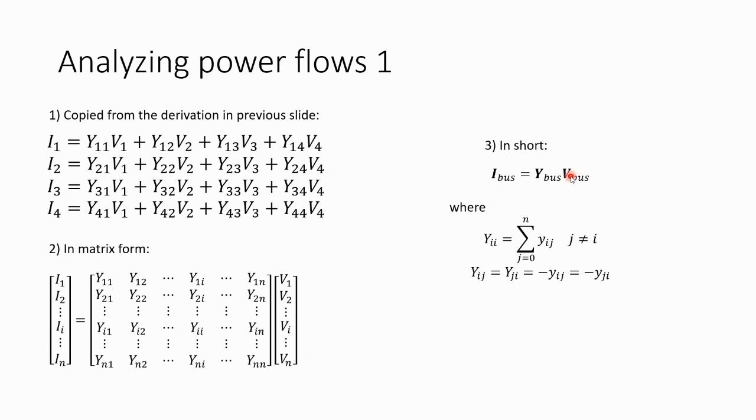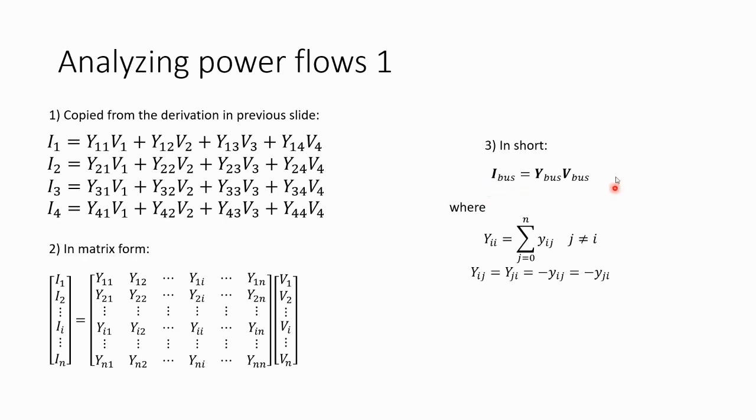So we can see that the initial definition that I equals YV eventually comes back into bold letter I equals YV. So the way we calculate currents, from this basic I equals YV equation, initially, we derive the slightly more complicated parallel equations, which we convert into matrix and come back to this form. So we can see that it goes into one full circle.